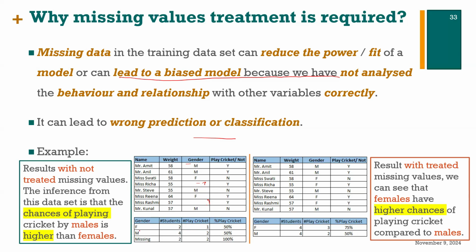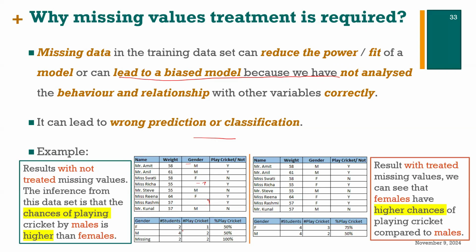Because if we don't treat it, the result with the untreated missing values is going to show that the chance of playing cricket by male is higher than female. When you look at the check for female, we have two females, 1, 2.